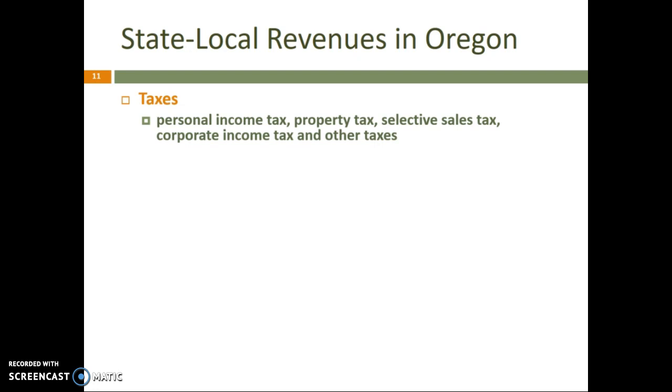The general kinds of taxes that you'll see are personal income taxes, corporate income taxes, property taxes, and selective sales tax. These are the larger kinds of taxes, and here in Oregon we don't really have a sales tax, but we do have certain types of selective sales tax, which include things like gas tax. Selective sales taxes are applied specifically to selected kinds of goods.